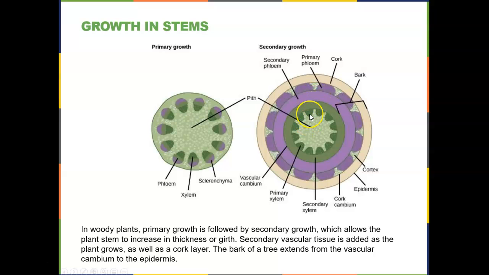They go in between the primary xylem and the primary phloem, and these secondary regions help to form the bark of the tree. The very outer rim of the bark is called the cork layer, and this would be analogous to the dead cells on the very outside of our skin. So secondary growth is growth in width, primary growth is growth in length.